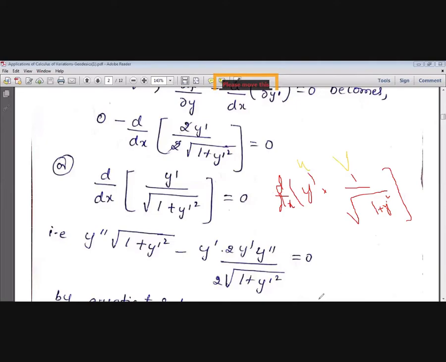Okay, u v dash. u v dash means y dash d by dx of, or they have taken this. I will keep this as it is. What they have done? y double dash, 1 plus y dash square.